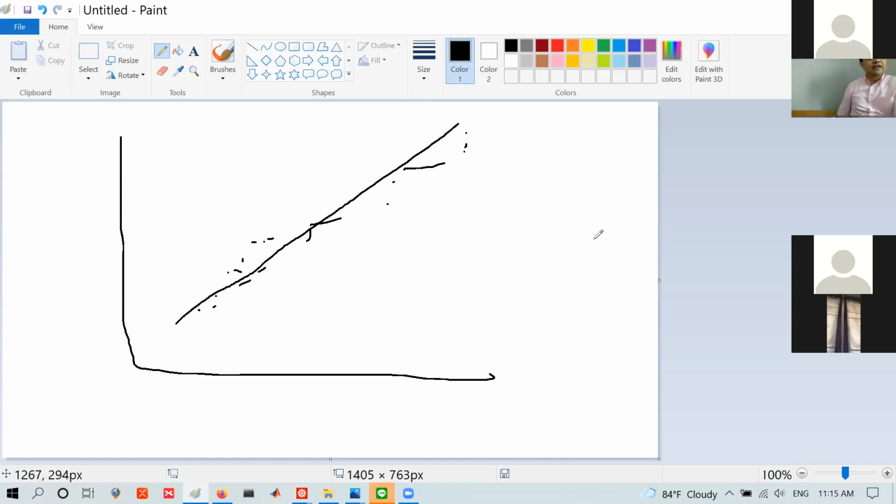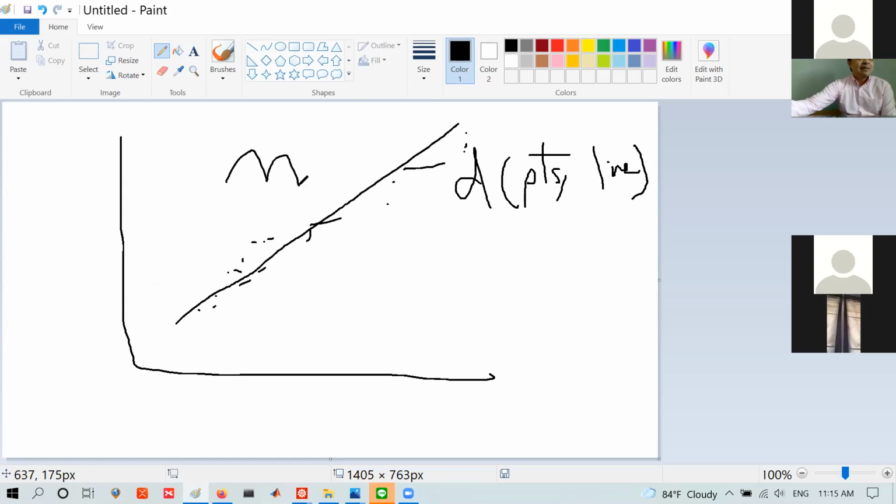Some of you have learned this in high school. You might not know this, but the formula you used in high school was derived from calculus, because the person who did this created a distance function between points and line, and then minimized it. So it becomes differential calculus.